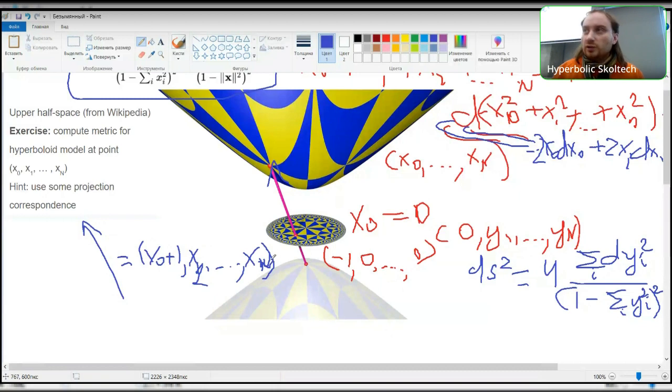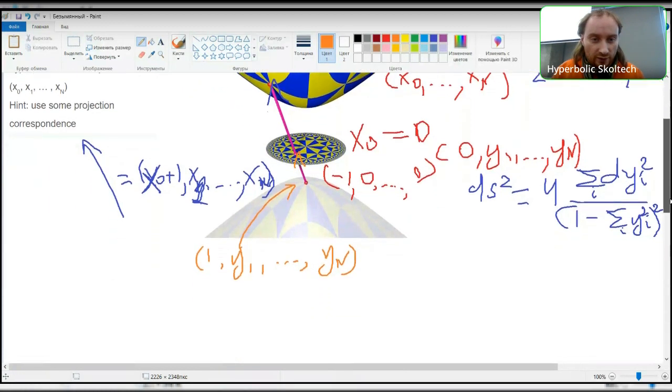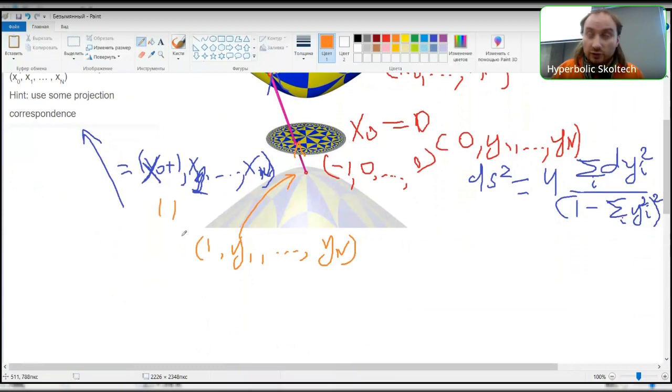Right? Is everything visible? Tell me. Not everything is visible. Okay. So this is something like this, and we have a proportional vector, collinear with it, like 1 and y1, etc., yn, and so they are proportional.